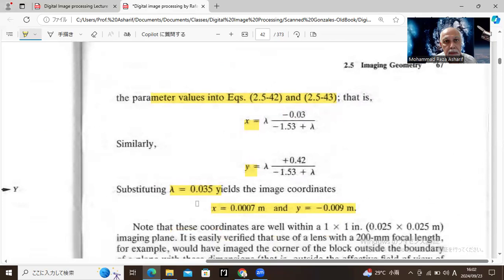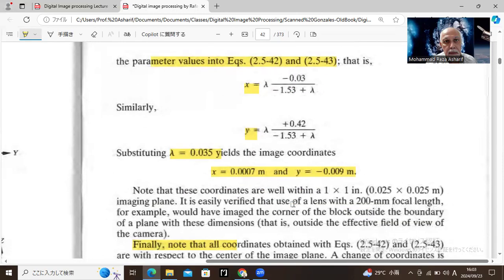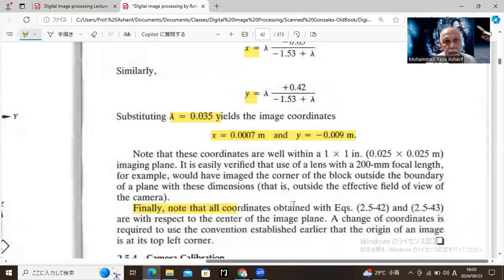If lambda is this, x is 0.0007 meter, which is 0.7 millimeter, and y of the image is 9 millimeter, maybe something like this. So it is on the image plane, I mean.